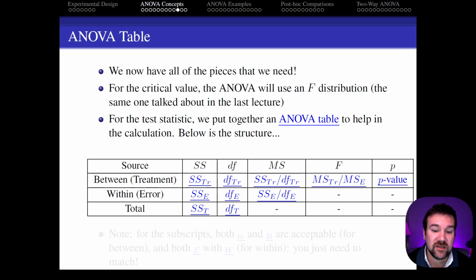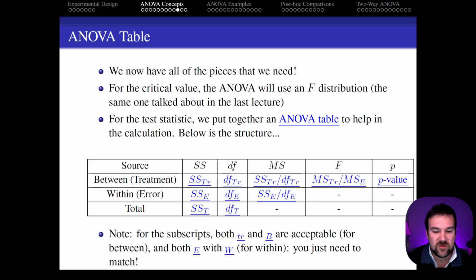But the notation could just as well be SSB instead of SSTR, SSW instead of SSE, and SST is very common for total. So just note that there are two different notations here, and they're both commonly used. Sum of squares treatment, sum of squares error, sum of squares total, or sum of squares between, sum of squares within, sum of squares total. I will say later in the course, we'll use SSE a little bit more often.